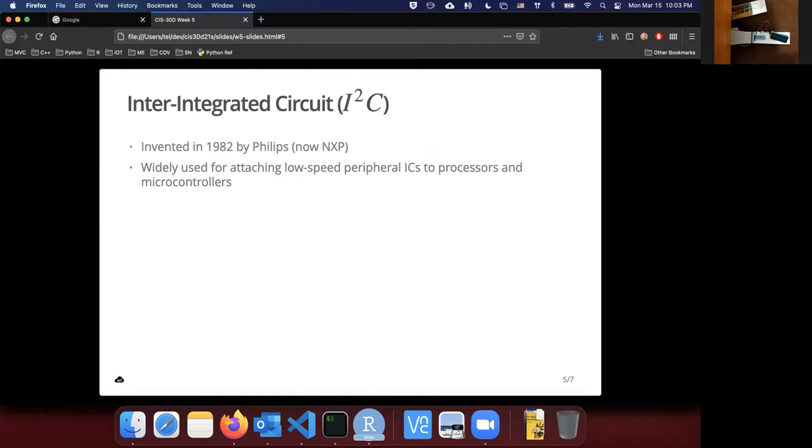First of all, the USB, universal serial bus port is everywhere, right? That USB port uses serial communication and potentially could be using the I²C protocol as well.